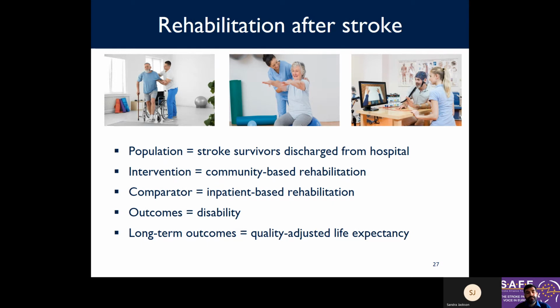So our population would be stroke survivors discharged from hospital, i.e. more severe strokes, strokes that required admission into hospital in the first place, not say minor strokes that didn't need to be hospitalized but were treated in the community. Our comparator was current inpatient-based rehabilitation, which is not very intensive in most cases. Again, the outcome of rehabilitation would be to try and prevent or minimize disability. And in our model, we looked at quality adjusted life expectancy.